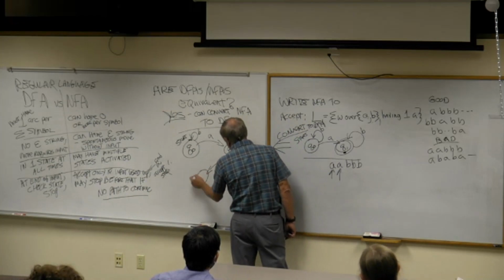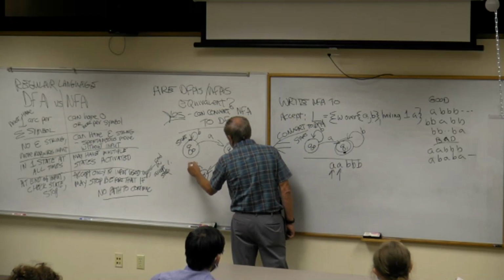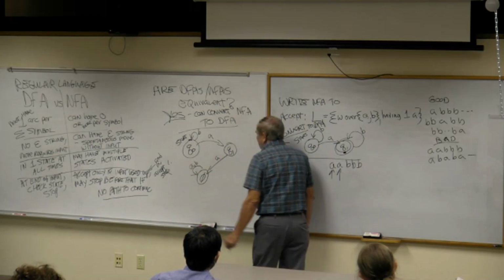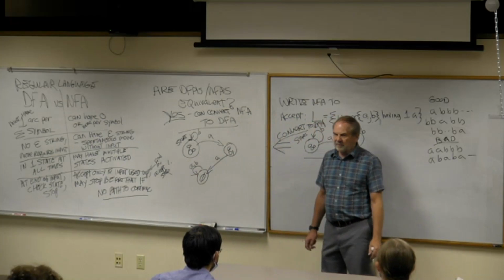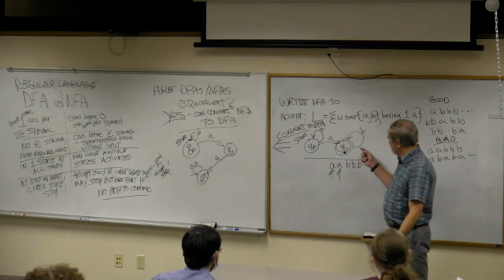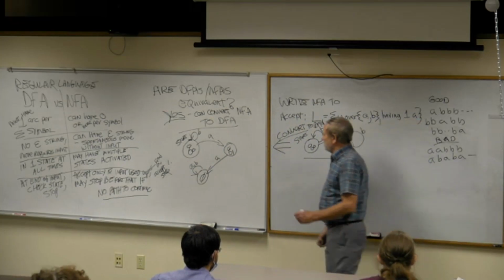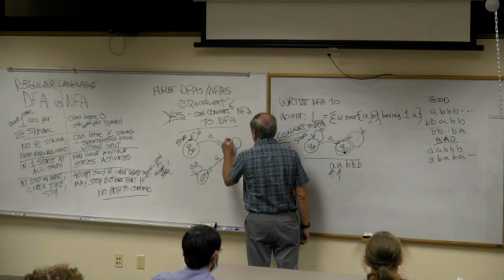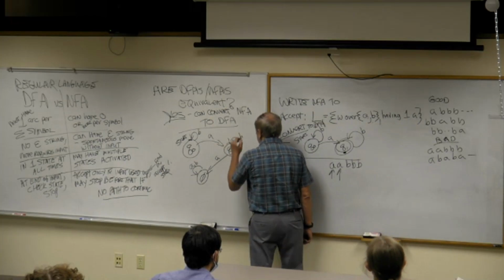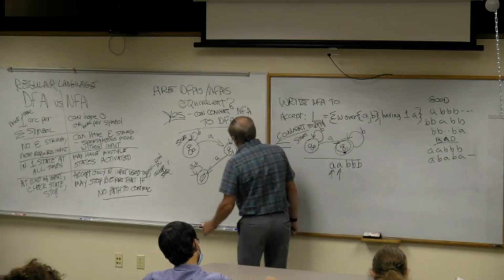So Q1 on an A goes nowhere, and Q1 on a B just goes back to Q1. Then check each state that you have so far. Does it have transitions on every alphabet symbol? If so, you are done.